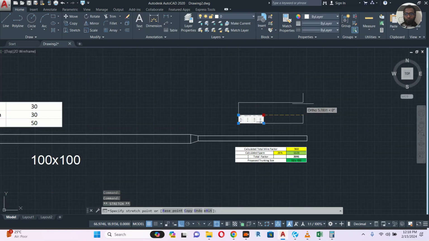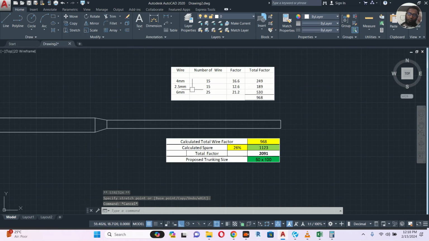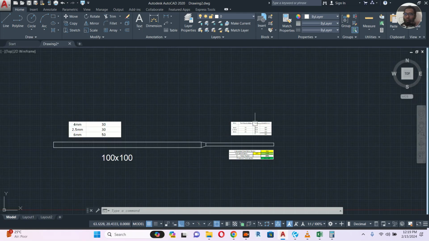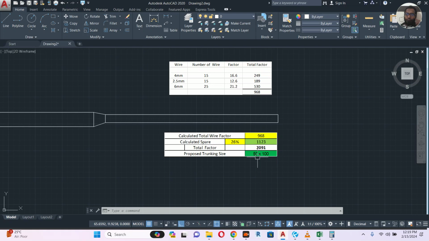So same size. So you will know how many wires are here and what is the factor and total factor. So calculated total factor, calculated spare this much, and total factor this one, meaning the total of this, and proposed trunking 50 by 100. So you can calculate the trunking, how much you want, the branch, and many other things. I hope you understand.